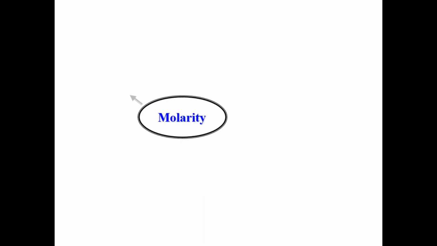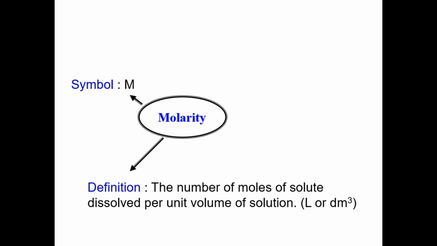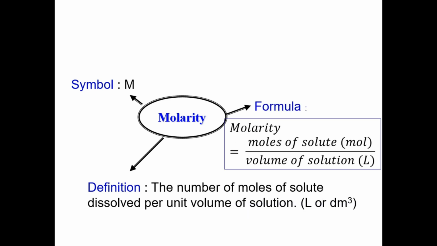The first unit of concentration is molarity. Molarity has the symbol of capital letter M and is defined as the number of moles of solute dissolved per unit volume of solution. The unit volume used is liter or decimeter cube. Its formula is molarity equal to moles of solute in mole divided by volume of solution in liter.